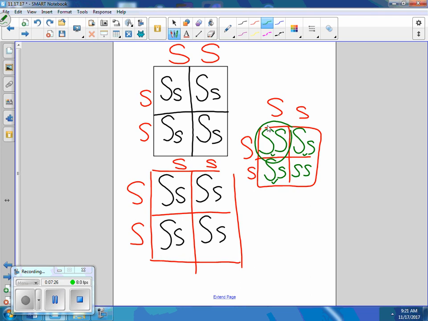So, how many of them are smooth? 3 out of a possible 4. So, what percentage overall is smooth? 75% is smooth. What percentage are wrinkled? 25%. What fraction are wrinkled, Naomi?